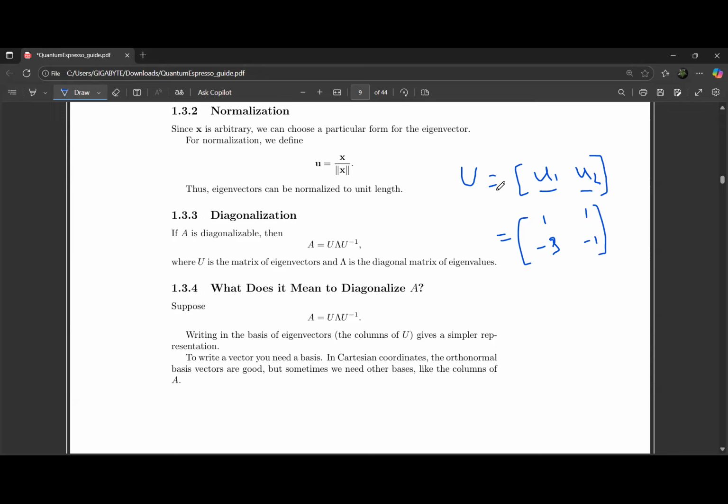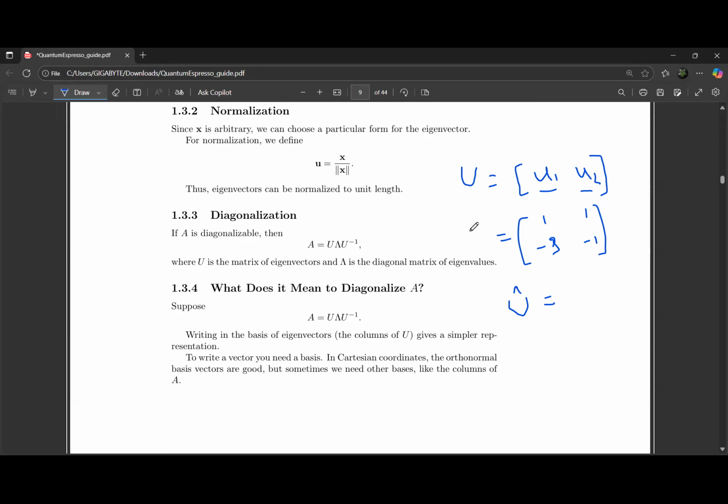Suppose this is simply a matrix, and in normalized form, we will get the magnitude of it. I'm not going to write it for now. Now, suppose it's just a matrix U, which will diagonalize the matrix A.